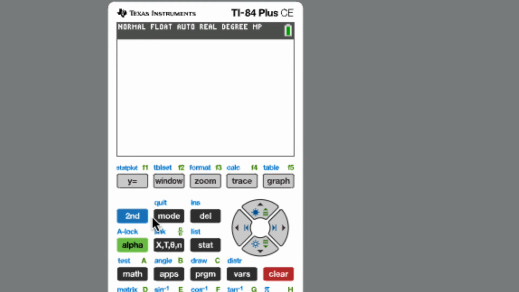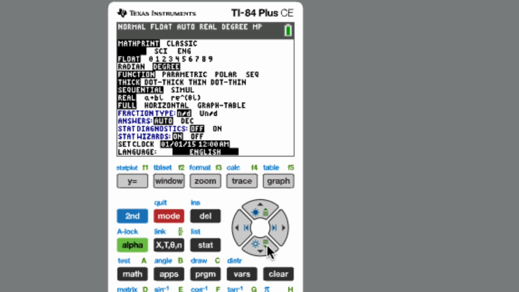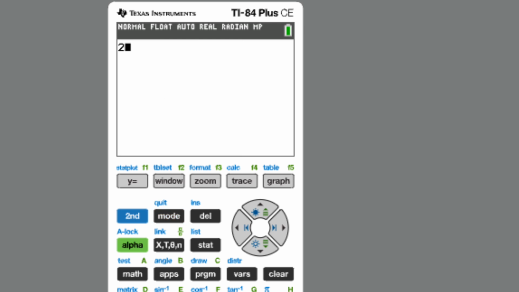Make sure you're in radians. 2 sine of inverse tangent of 2, close that, plus cosine of the inverse tangent of 2. Close that again. Oh. All right. Well, here's what we can do.